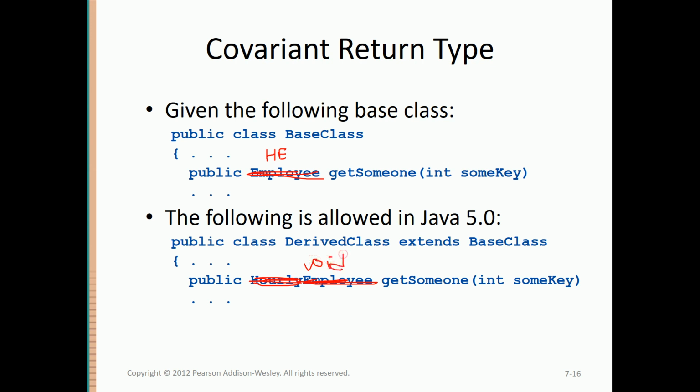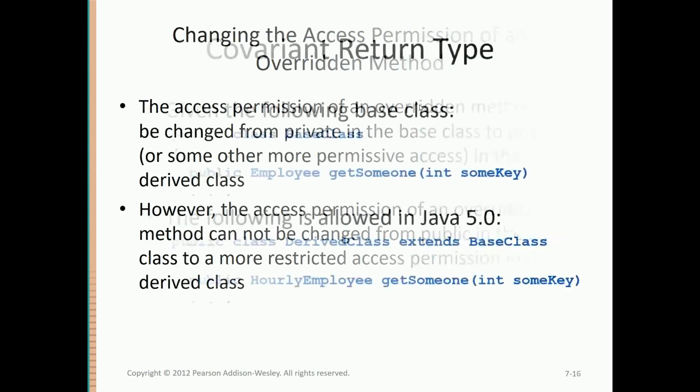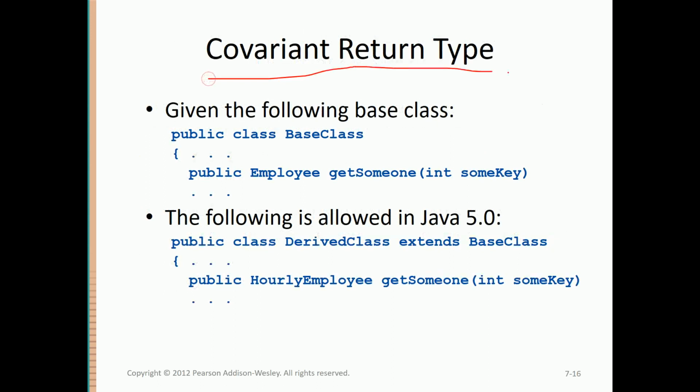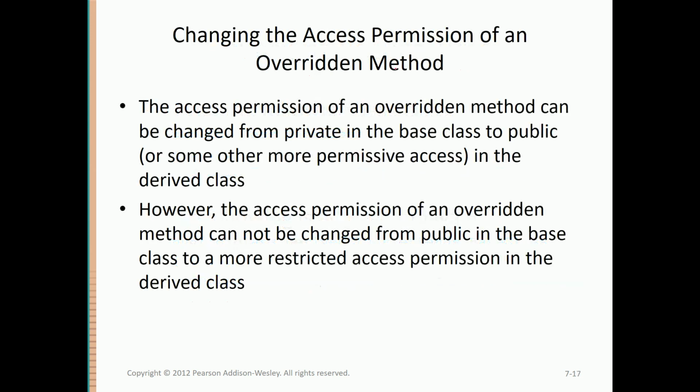No, it's not going to work. This is not going to be called overriding. That's what they call covariant return type. The idea is that you can use any subclass of what you're returning. You can change employee to hourly employee, but not the opposite. Yes. So that's the thing.